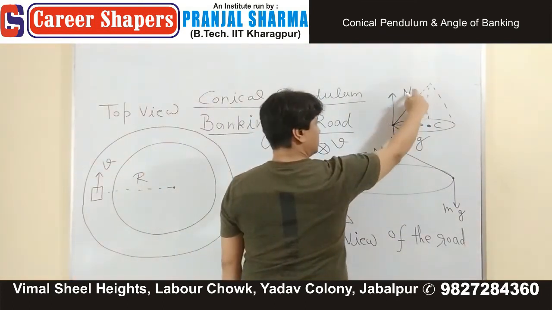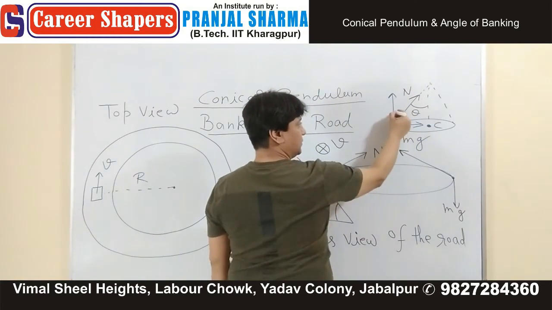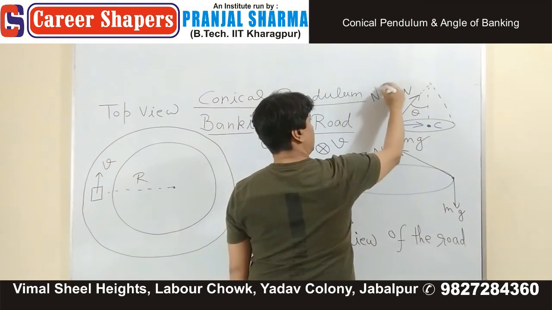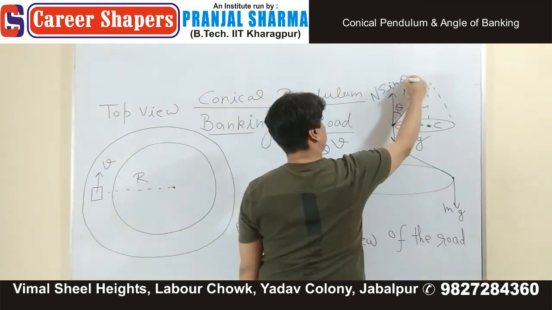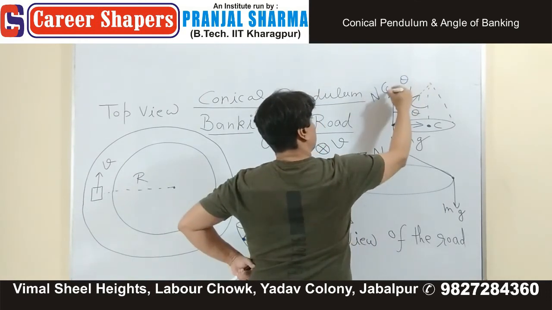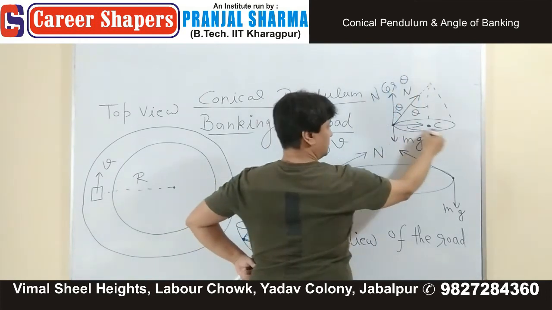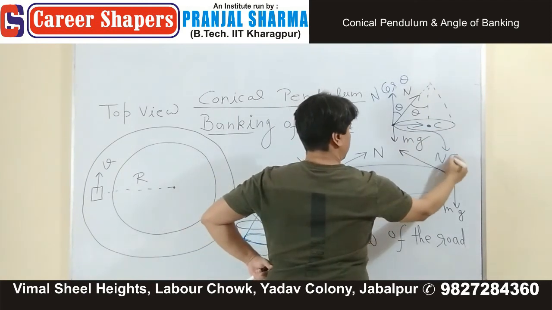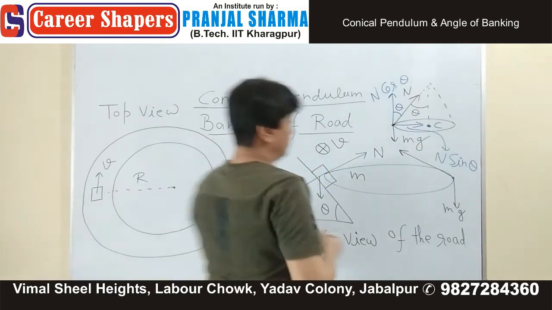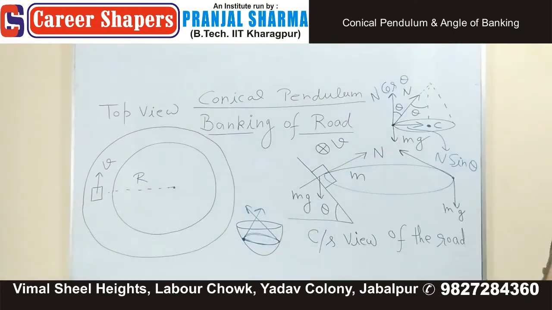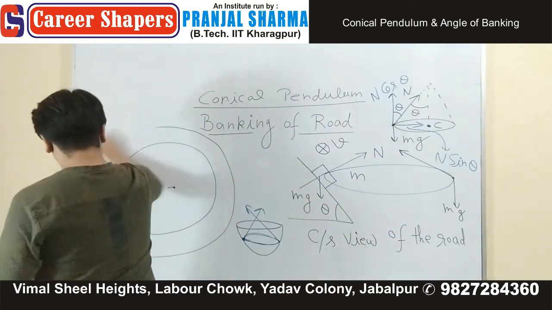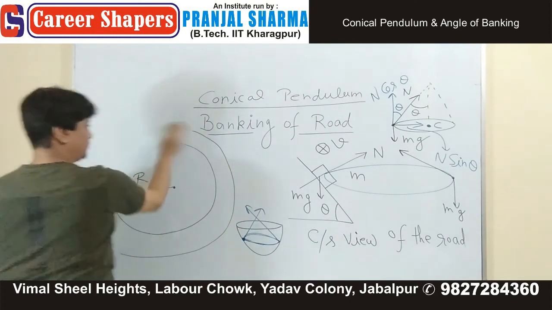This is N, this is theta, this angle is also theta, which makes this N sin theta and N cos theta component, and this one N sin theta. हमने किया हुआ है इसलिए ज्यादा उसके अंदर जाने की जरूरत नहीं, केवल हमने T को रिप्लेस कर दिया है N से, and everything else is exactly same as we did.